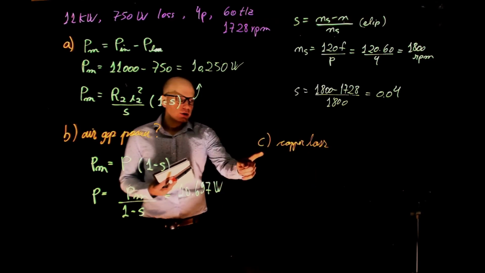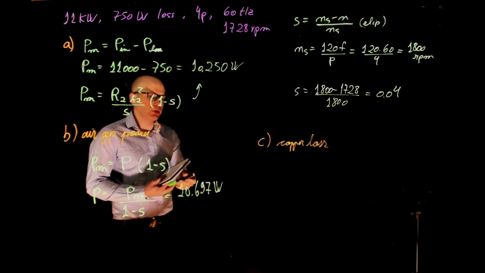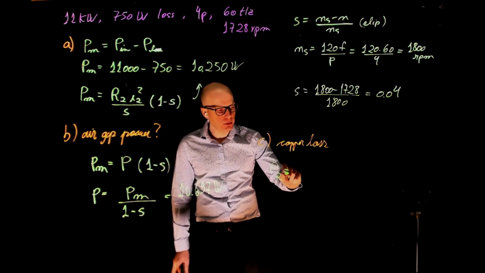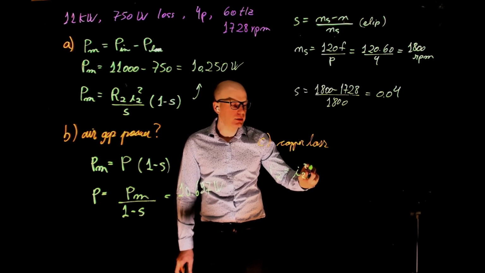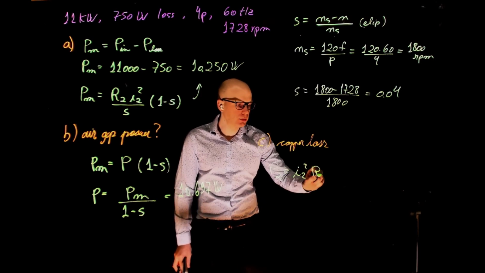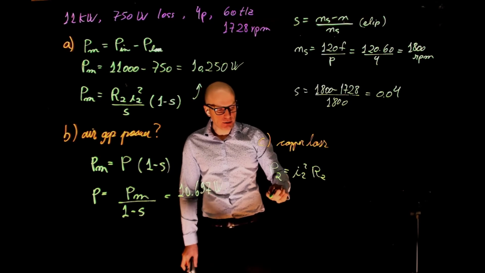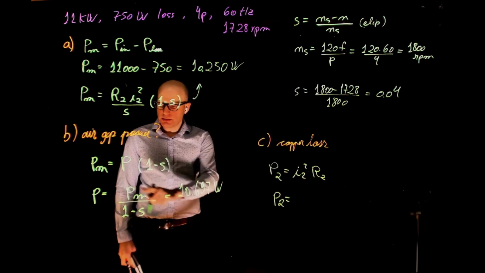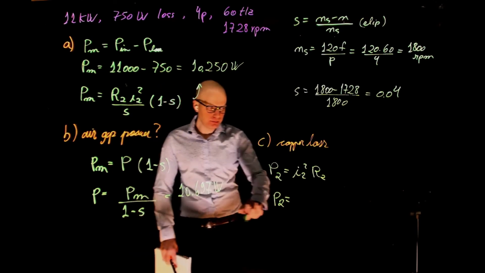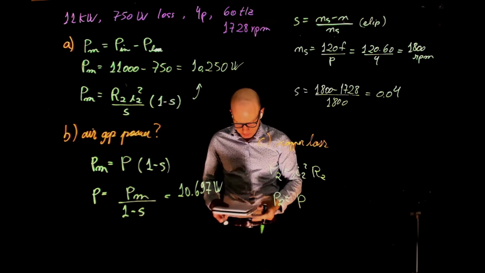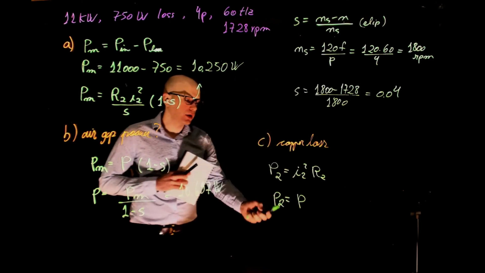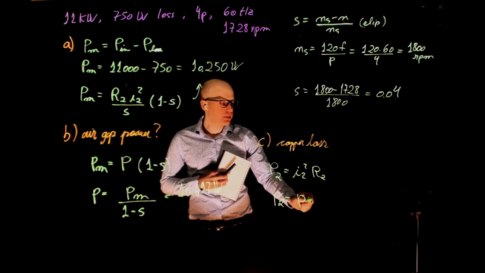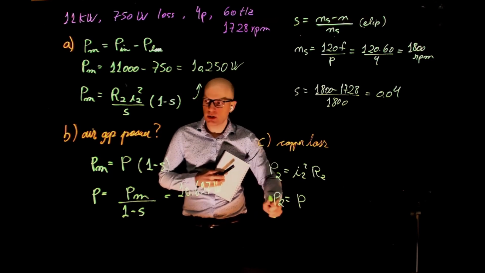How much energy was dissipated in copper loss in the rotor? That would be P2, I2 squared times R2. And what is P2? It is the air gap power times what? Let's recap again.